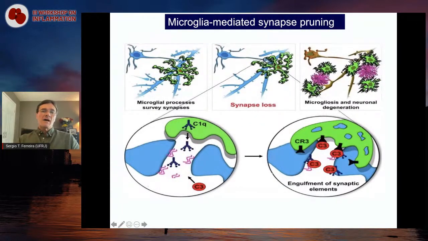And again, we thought about what we learned about Alzheimer's disease. In particular, we asked whether microglial-mediated pruning of synapses, this engulfment and phagocytosis of synapses, might be taking place in the brains of mice infected by Zika.